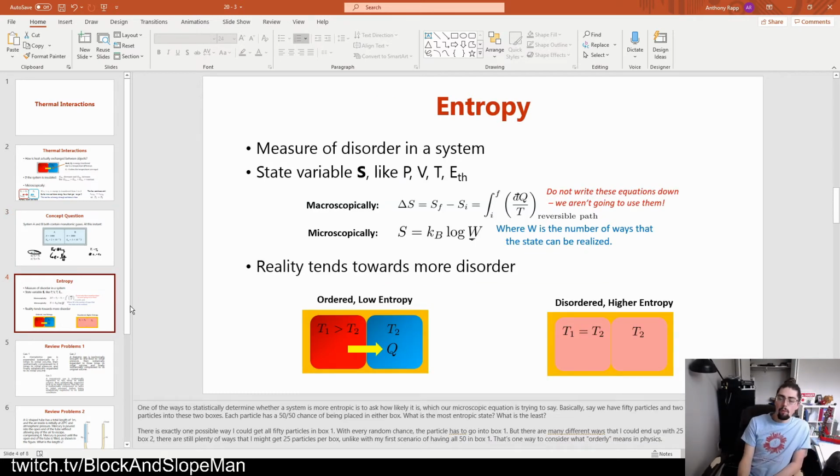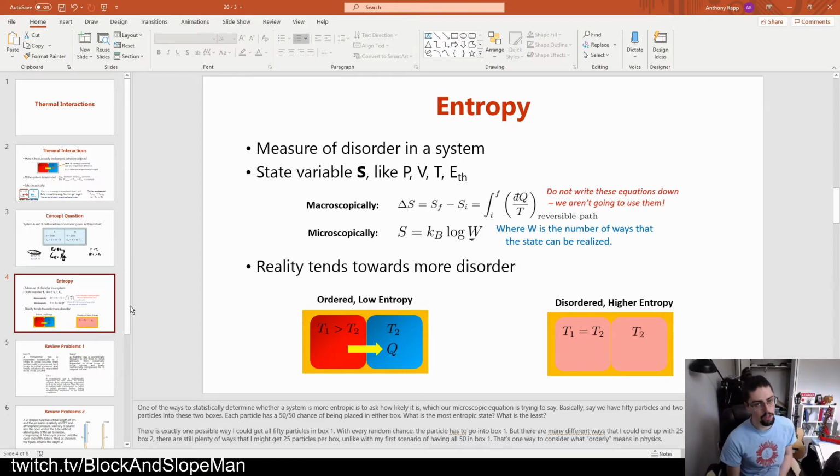So, one thing that we haven't really talked about too much, and in great detail we really won't, is entropy. It's a really neat thing. It's very important, right? I'm not going to pretend it's not important.